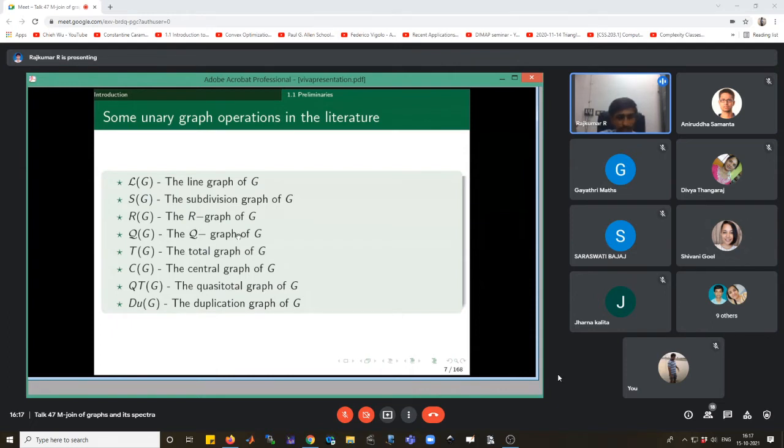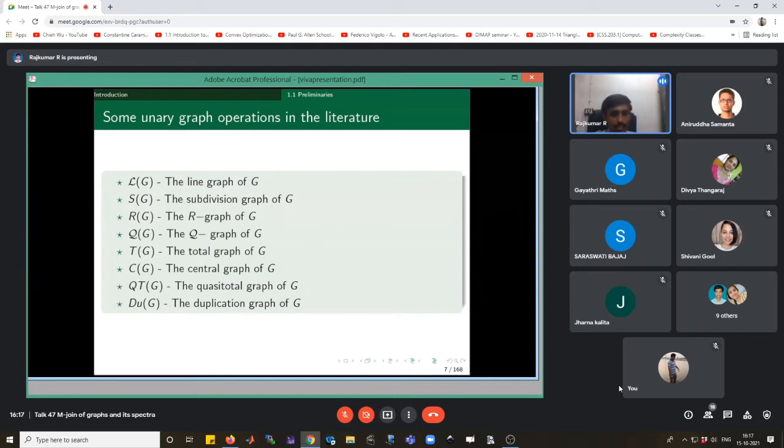Then R(G), the R graph. I am not familiar with this notation. Maybe we could spend some time to explain this terminology. Okay, I will tell the definition of the R graph.